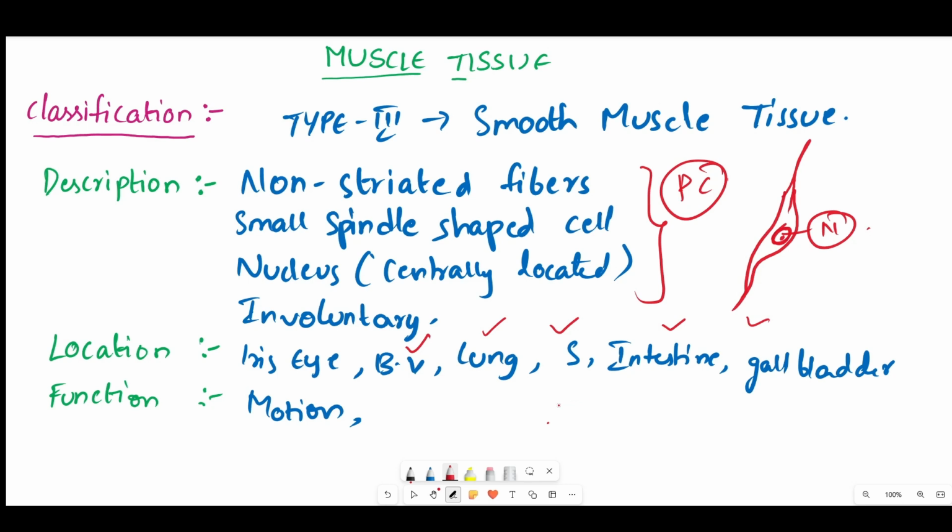Coming to the functions, it is helpful for motion and contractions. It is useful for propulsion of food in the gastrointestinal tract. So this is about the third class, which is smooth muscle tissue.